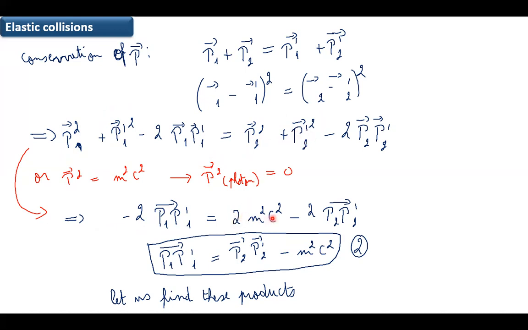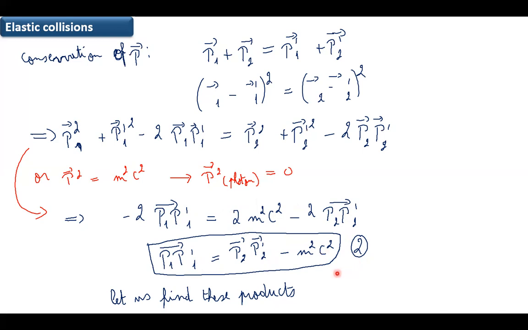So it's 2m squared c squared minus 2 p2 p prime 2. So you can multiply by a minus, remove the number 2, and you get p1 p prime 1 equals p2 p prime 2 minus m squared c squared. So this is equation number 2.